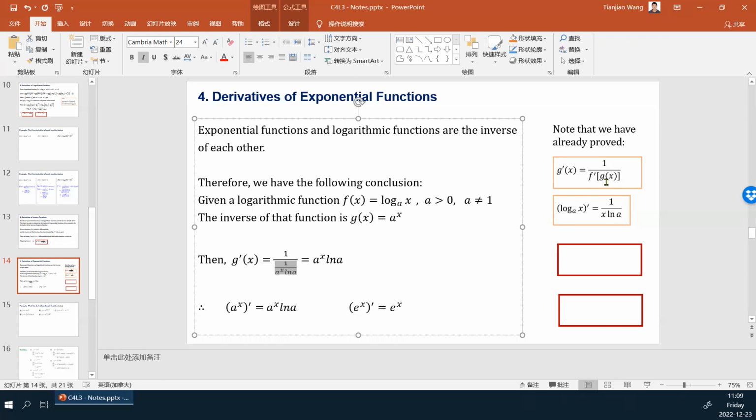However, as you can see here, the independent variable is not x, but instead you should put g(x) as your independent variable, right? So that gives us, do not use x here, but use g(x) times ln a, right? And now what is g(x)? g(x) is a to the power of x, right?